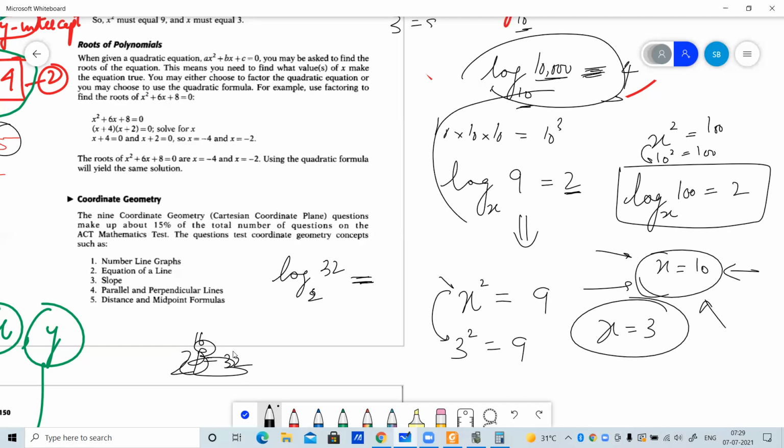No, 17. That means you're raising 2 to the power 17 to get 32, right? So what is the question? Log of 32 to the base 2 is how much? What power needs to be raised to 2 to get 32?